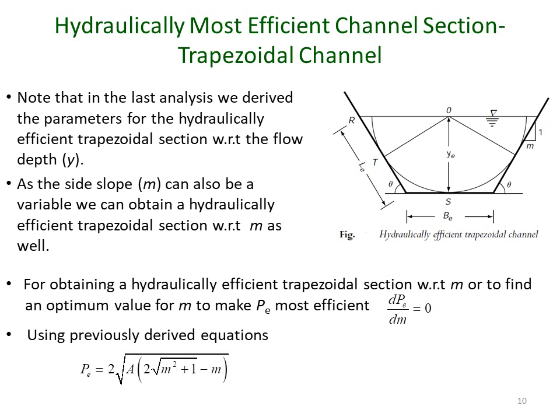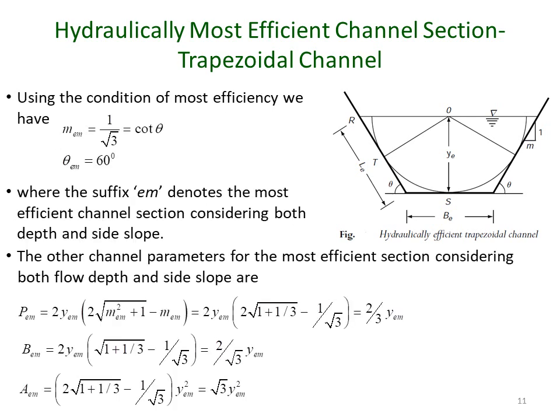This is the expression derived before, and if we differentiate it and equate that to 0, we get that the side slope m of the most hydraulically efficient channel section equals 1 by root 3.